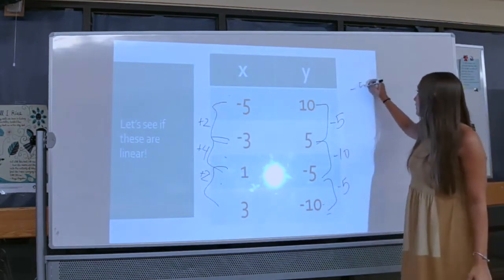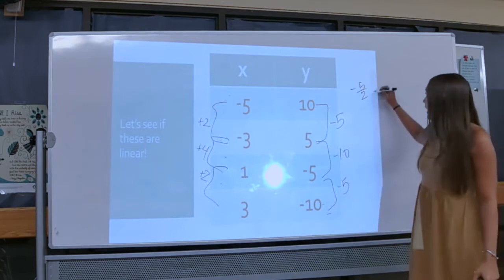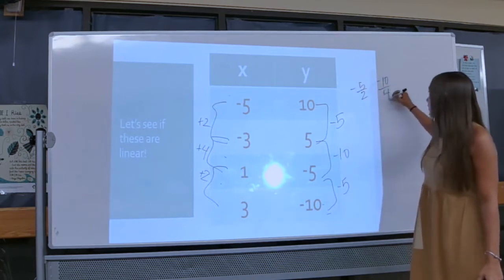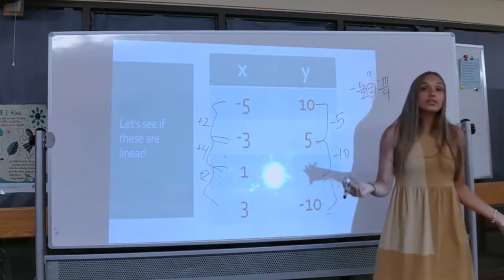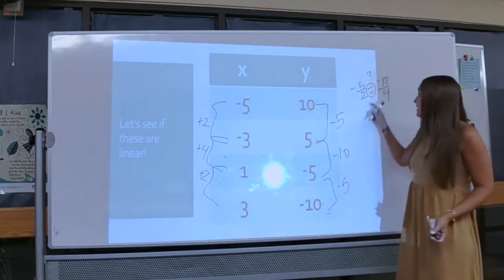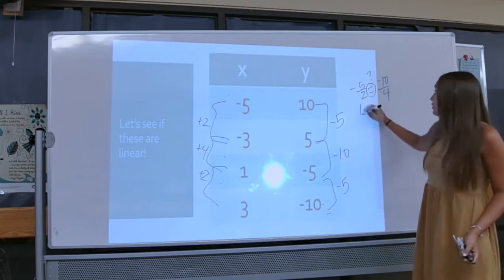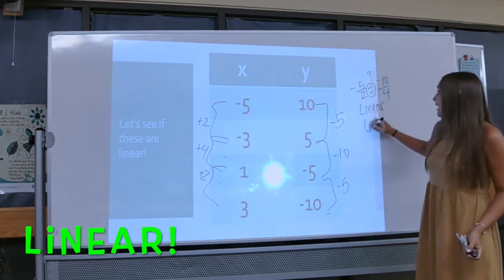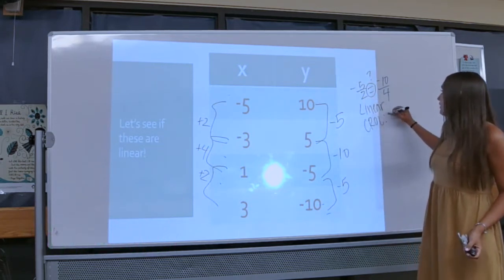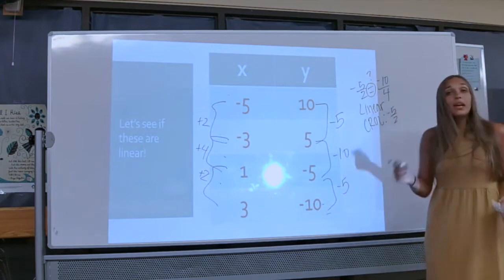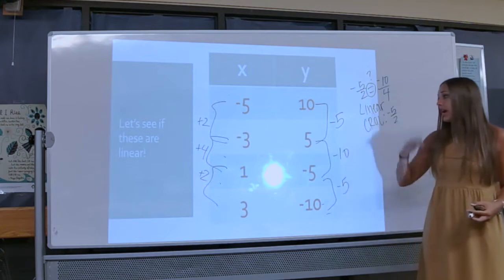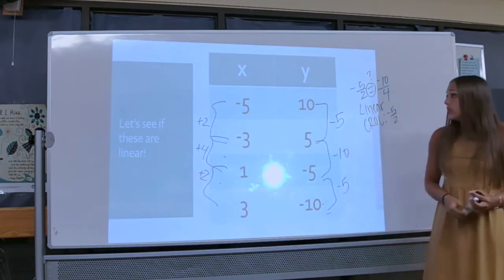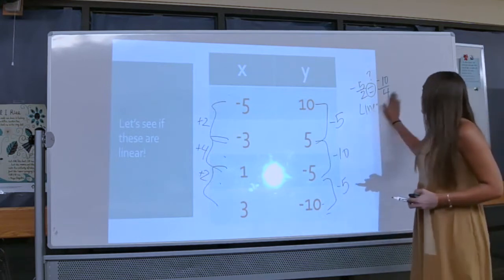So I have negative 5 over 2. I have negative 10 over 4. Are they equal? If I simplify negative 10 divided by 4, that does give me negative 5 over 2. So it is linear, and it has a CROC of negative 5 halves. That would be my explanation as to why it is linear. Always have to explain how we got our answer. Let's see the next one.